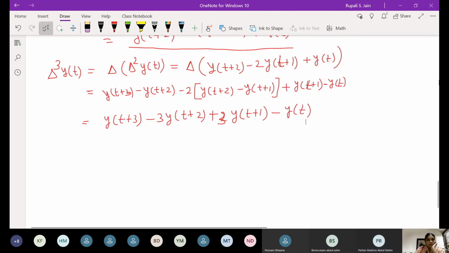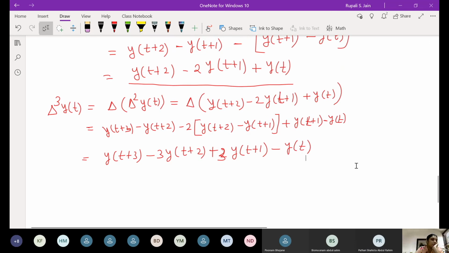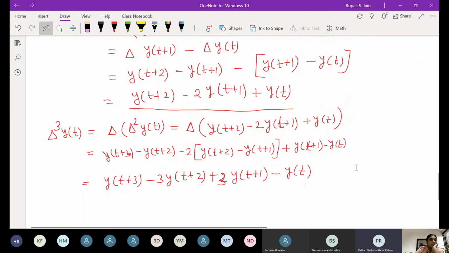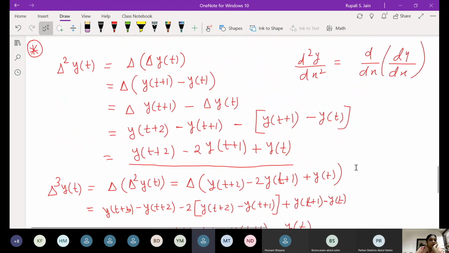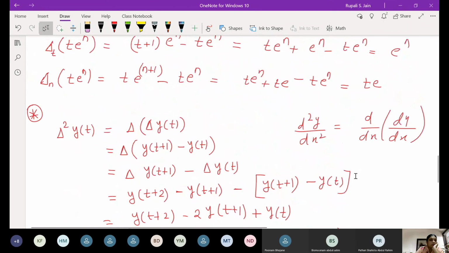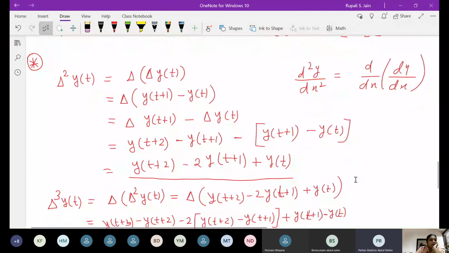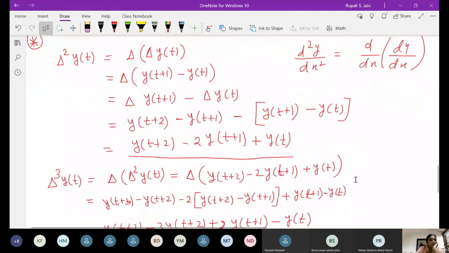So can you see anything here? Can you tell me quickly what should be the fourth order difference of y t? Can you see something here? Pascal's triangle. Delta y t has coefficients 1, 1.